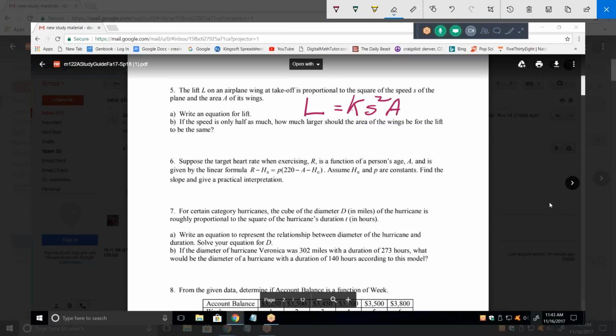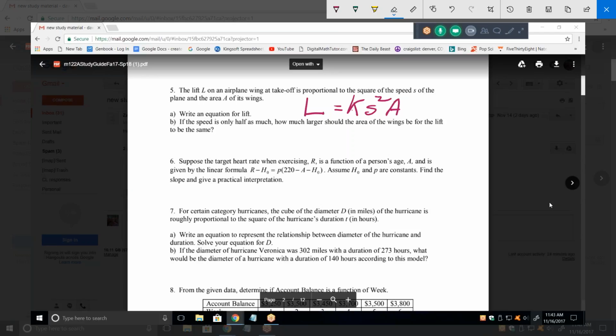All they said is it's directly proportional to the square of the speed, that's S squared, and the 'and' means that it's also directly proportional to the area of its wings, and those two things have to be multiplied together. In other words, this is a joint proportion. L is jointly proportional to the square of S and A. And that's how you write that, they're being multiplied.